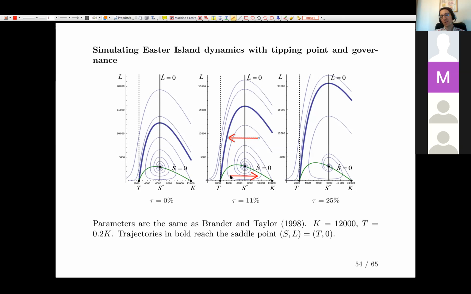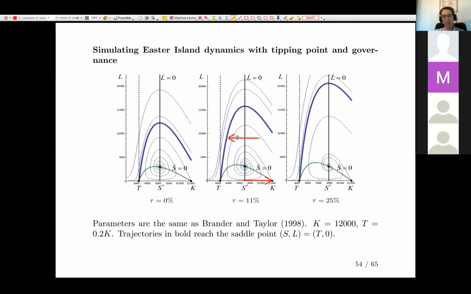And if there's nobody on the island, so if L is 0, we would be like here, and the stock of resources would just grow and grow until it reaches K. But obviously we have people too on the island.